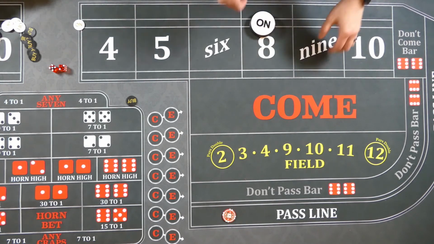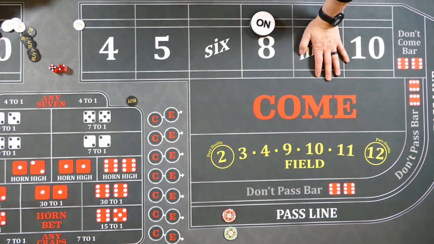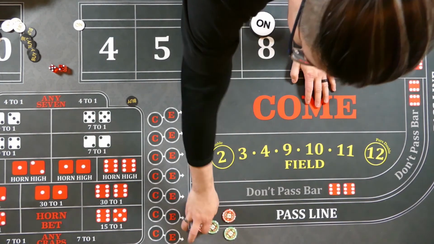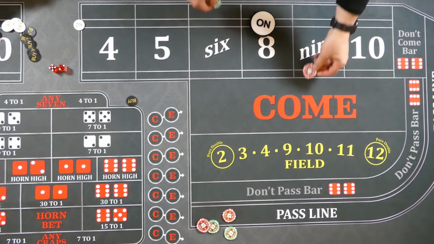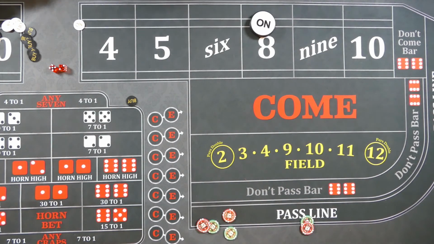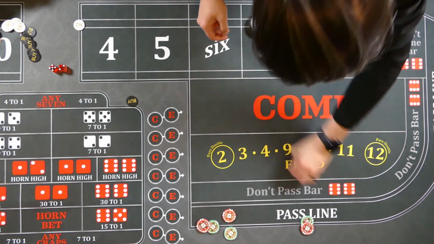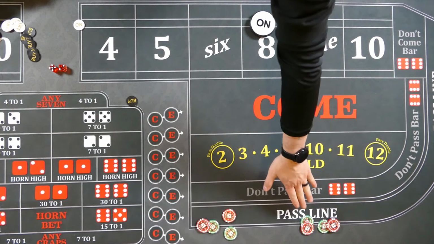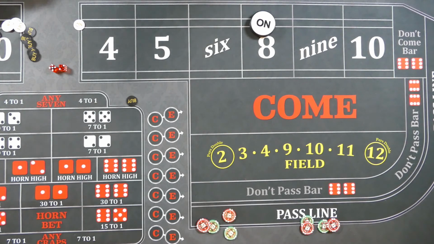So 3, 4, 5 means we get 5 odds, 25 odds right there. 25 pays 30 plus the 5 of the flat bet means a total of $35. $30 in action over there as a place bet pays $35. Look at that. They're identical, only you have more control over here. So again, up to you what you want to do.